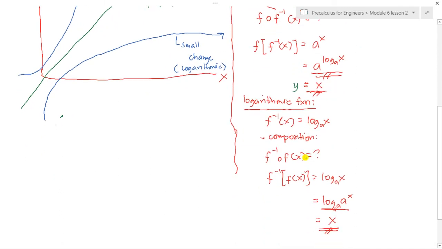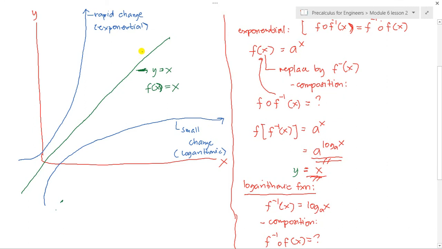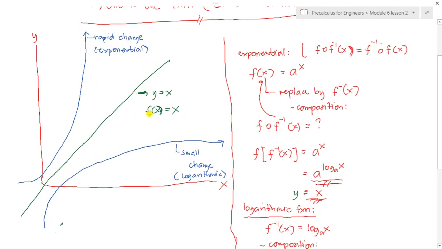Same with the logarithmic, f inverse composed with f of x, which is the dependent variable, equals x. So when we plot it, it lies midway between the exponential and logarithmic functions.